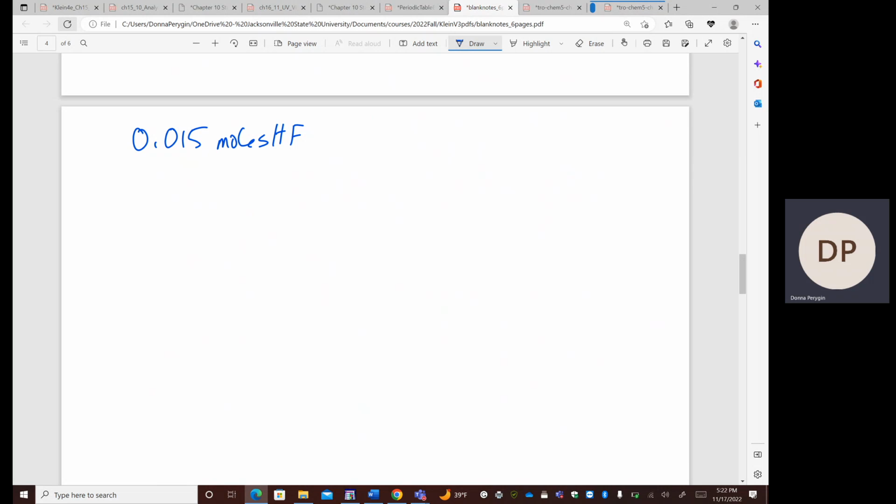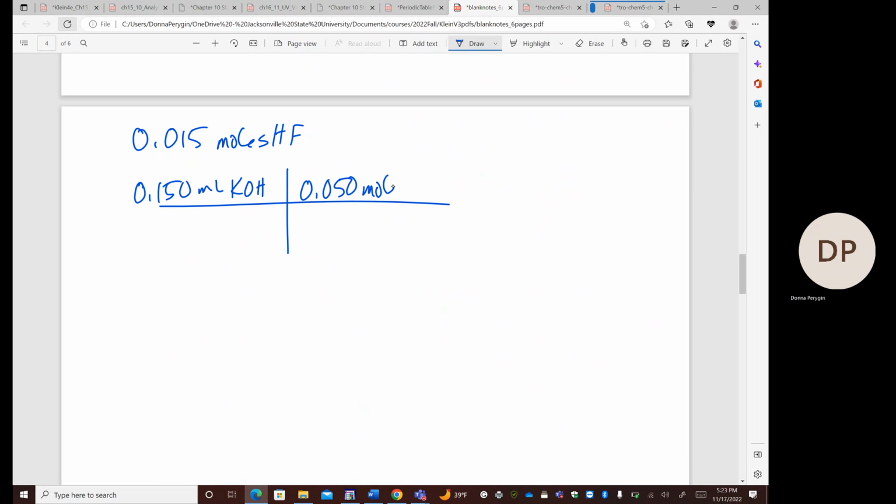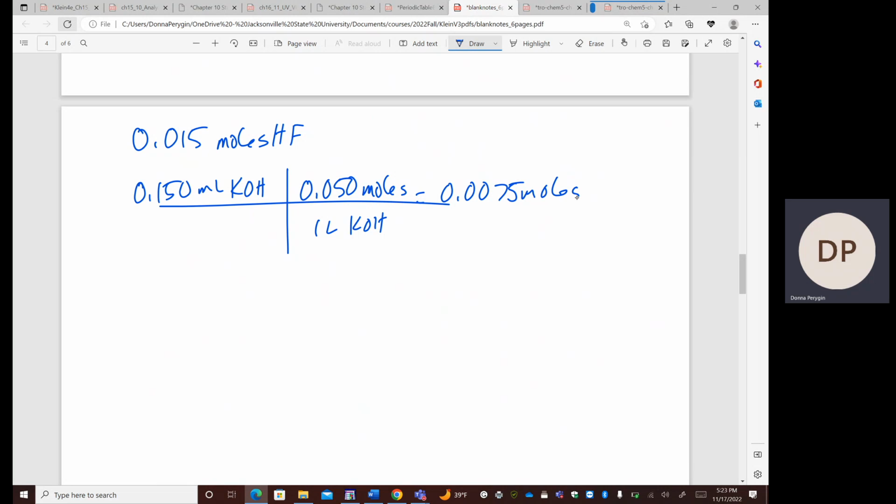Why did I have 75? I'm sorry. So I'm going with 0.150 liters of KOH, and I've got 0.050 moles per liter KOH, and that gives me 0.0075 moles. Okay.